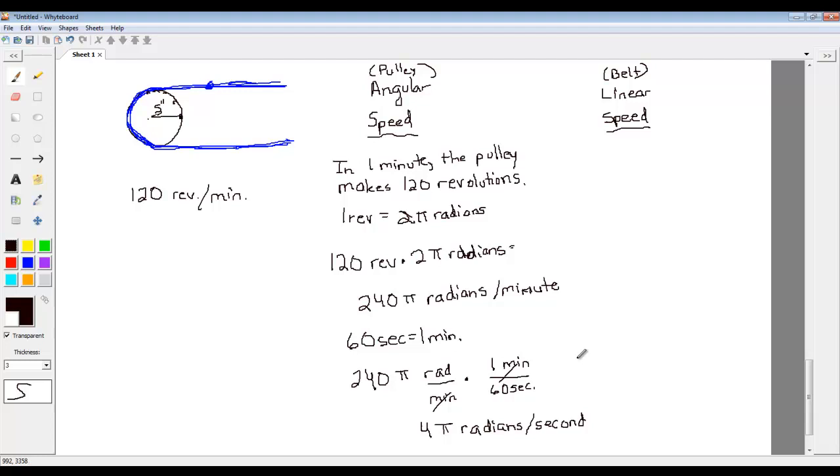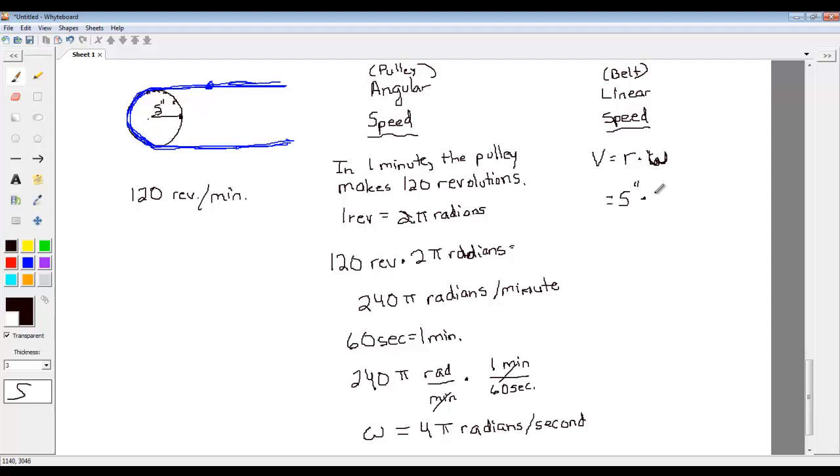Then for the linear speed, we're interested in seeing what's going on with that point on the circle, on the wheel. Well, the 4 pi radians per second is the angular speed, that's omega. So we can use our formula of linear speed being the radius times omega. We know the radius of this pulley was 5 inches.